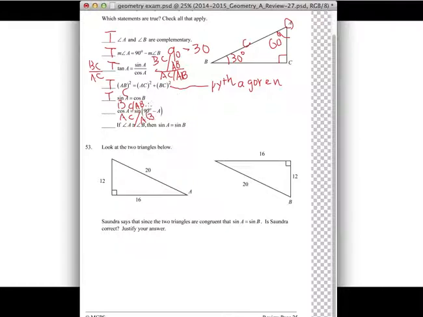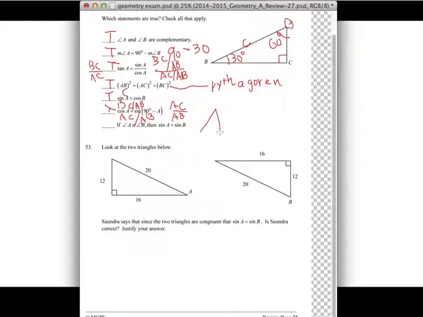Then sine of 90 minus A. 90 minus A is going to be angle B. So it's talking about this angle, angle B. Then of course, it's opposite, which is AC, over hypotenuse, which is AB. So again, this is true. Then if A equals B, in this case we kind of have to redraw it.